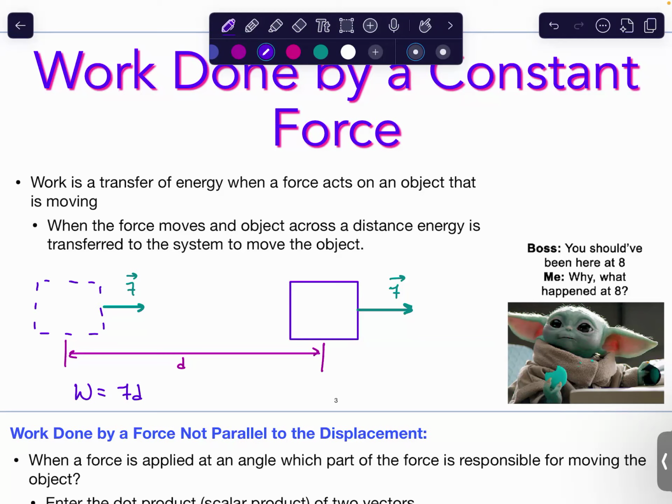So let's say you had a force of 100 newtons, and d is 2 meters. That would be 100 newtons times 2 meters. It's 200, and we have a new unit. 200 Newton meters.